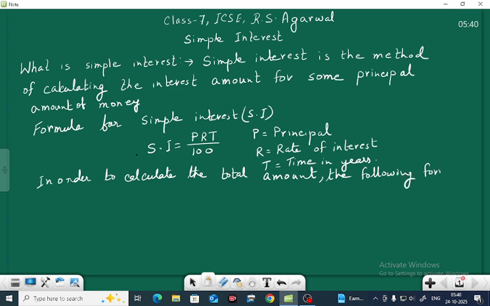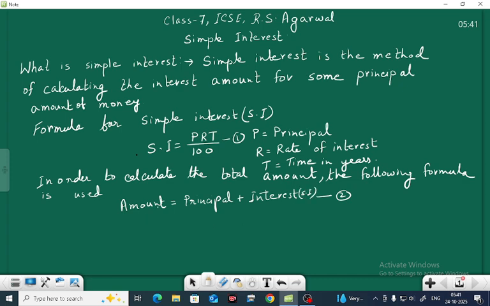Amount is equal to principal plus interest. This is the second formula, and the first formula is for finding the interest. Interest means here simple interest, right?